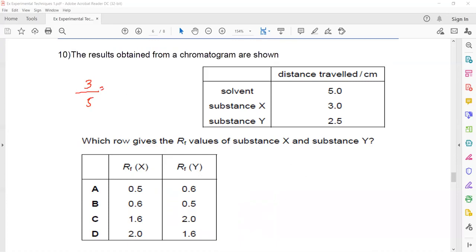So 3 divided by 5 comes out as 0.6. That is for X, and for Y the distance moved is 2.5 divided by the distance moved by the solvent, so 2.5 divided by 5 is 0.5. So B is the right answer for this.